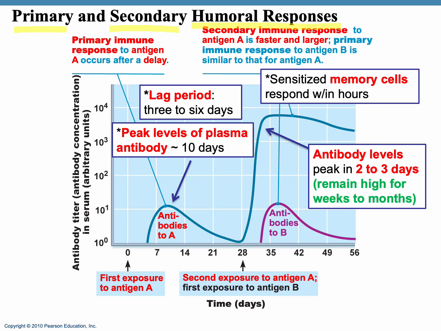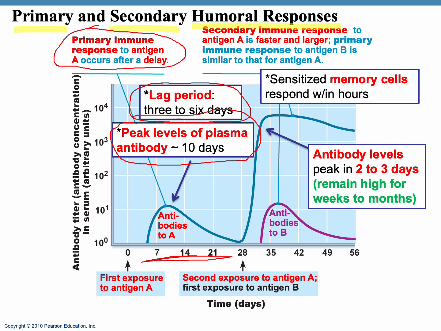Okay, we're looking at the primary response right here to an antigen, maybe like the chickenpox virus. And we can see here that it's a slow process here. The lag period is 3 to 6 days. Peak levels of plasma antibody production, 10 days, week and a half. So we can see that on the scale here, pretty slow process.